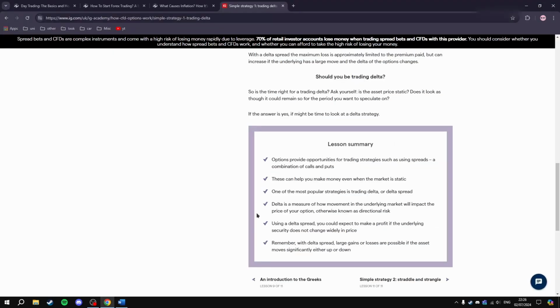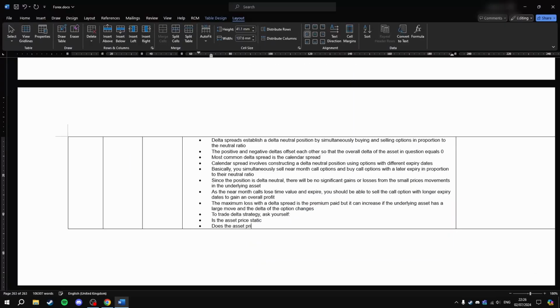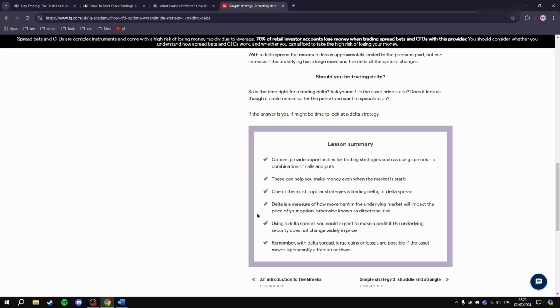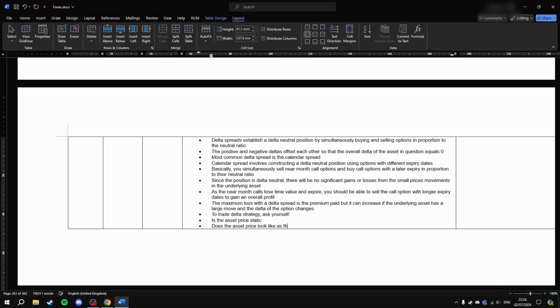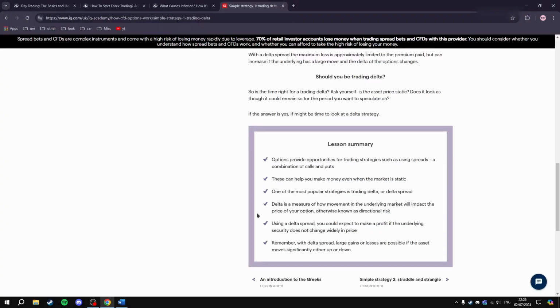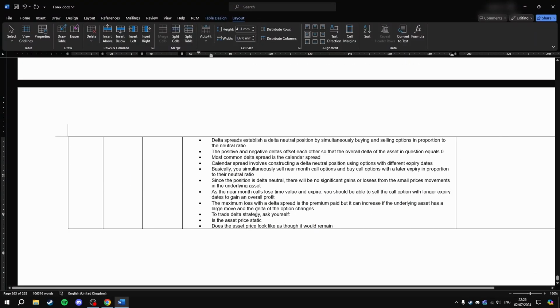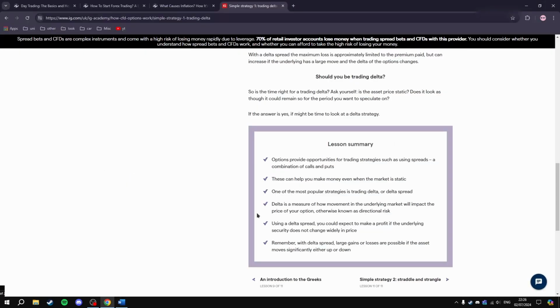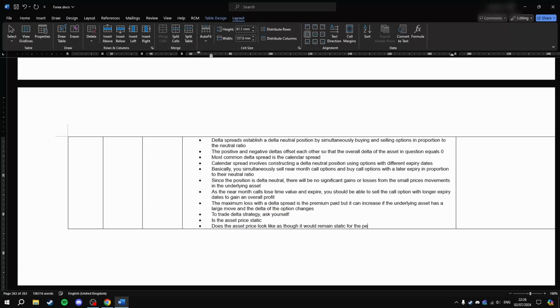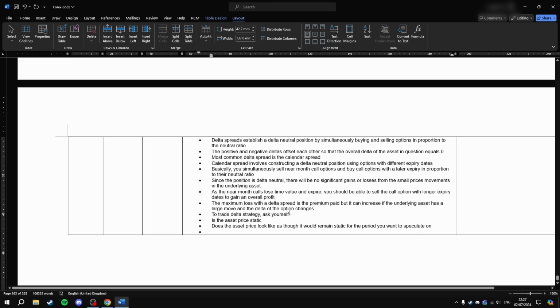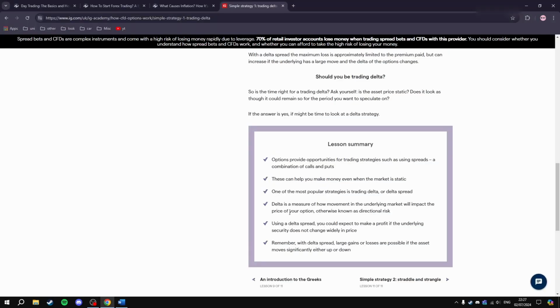Does the asset price look as though it would remain static for the period you want to speculate on? If yes, you can trade delta. So let's do a summary then.